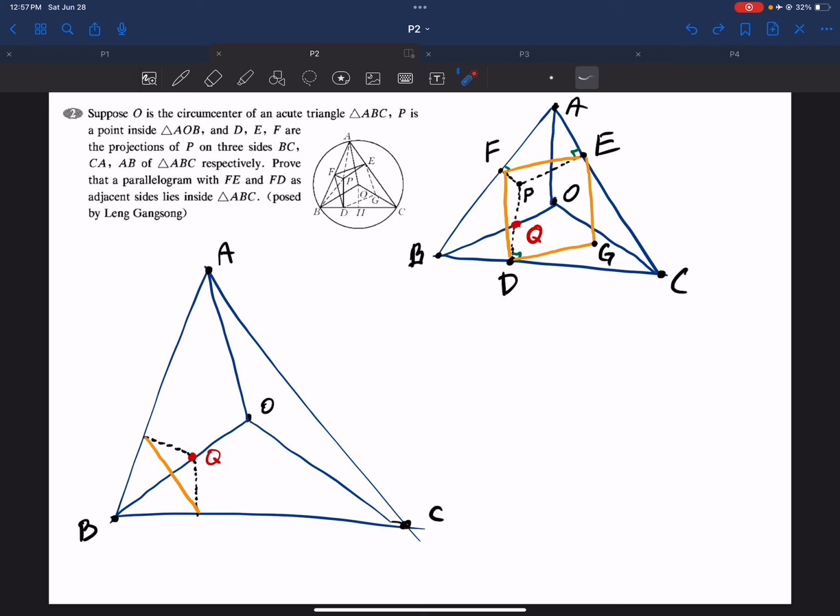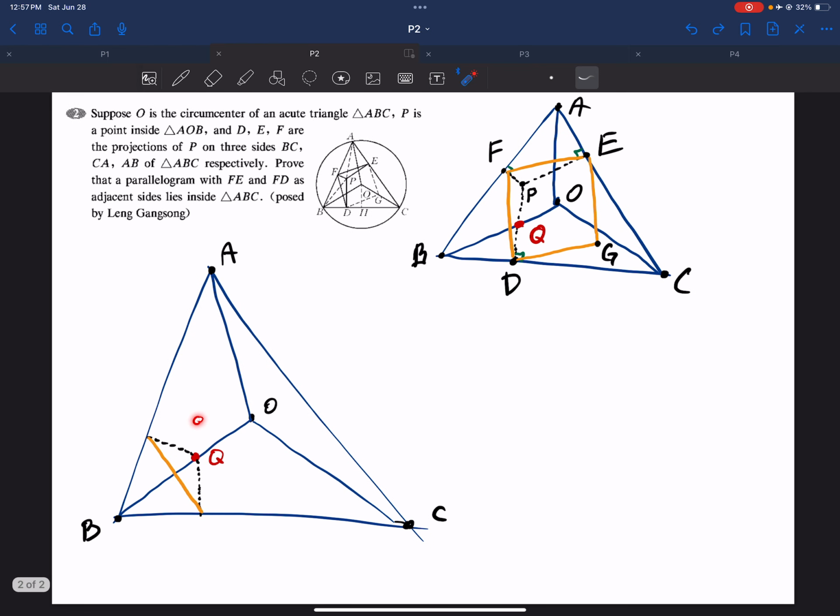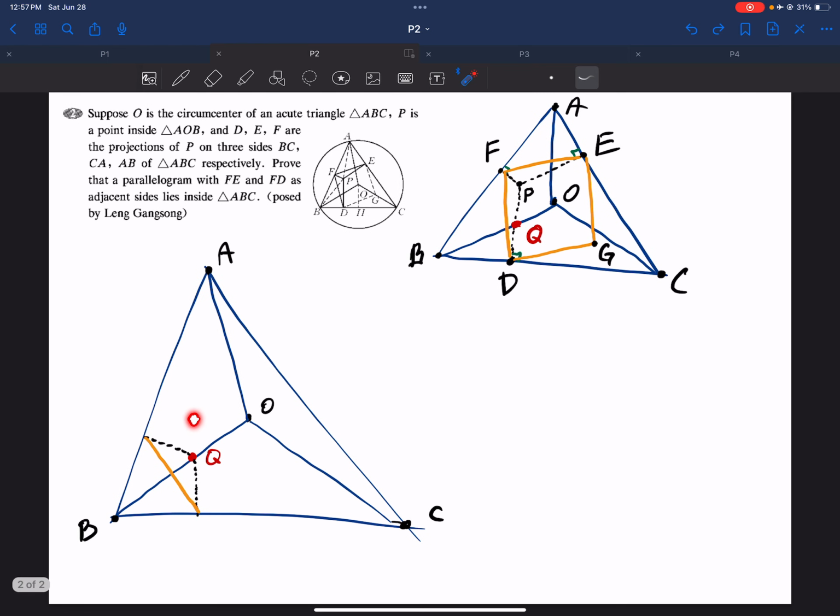Because if it's parallel, then once I take point P here inside the triangle and do the same procedure of projecting here, the new segment will be at a certain positive angle compared to the orange line, and then the parallel segment here will be at the same positive angle relative to AC, and then this will prove what we need to prove. So for now, we just need to show that this orange segment is parallel to AC.